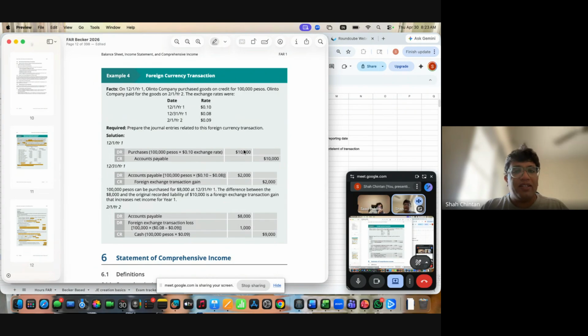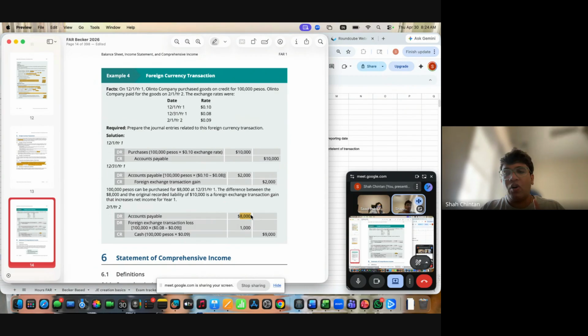नाउ योर लायबिलिटी इज $8,000. आपने जब पे किया तब रेट था 0.09. इसका मतलब आपने $9,000 को एक्चुअली पे किया, जबकि आपका लायबिलिटी था $8,000. सो $1,000 इज नाउ अ लॉस, अ रियलाइज्ड लॉस. सो द एंट्री इज अकाउंट्स पेएबल डेबिट 8,000. अगेन मेरा फर्स्ट सेशन, जितने अमाउंट से अकाउंट ओपन है उतने अमाउंट से अकाउंट को क्लोज करो. आपका अकाउंट ओपन हुआ था 10,000 से, आपने 2,000 कम किए तो आपका अकाउंट्स पेएबल का बैलेंस था 8,000. सो यू डेबिटेड अकाउंट्स पेएबल एट 8,000.